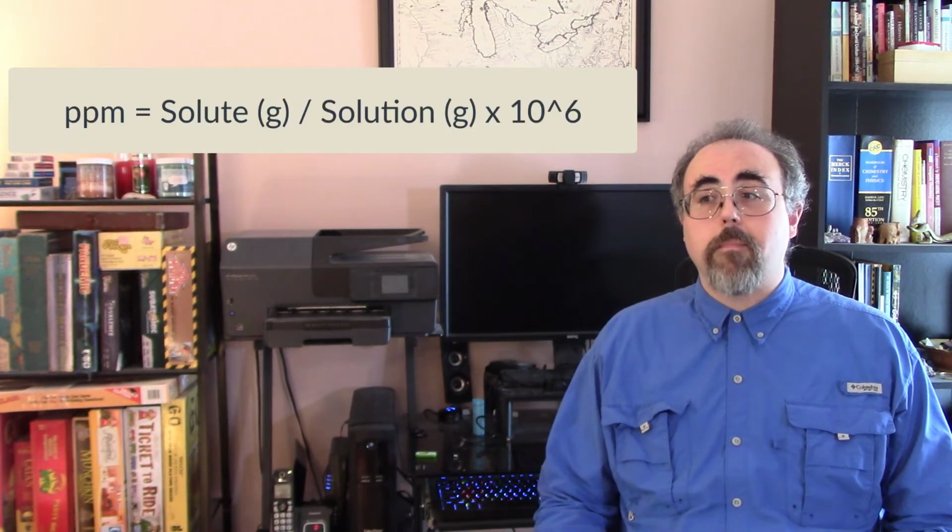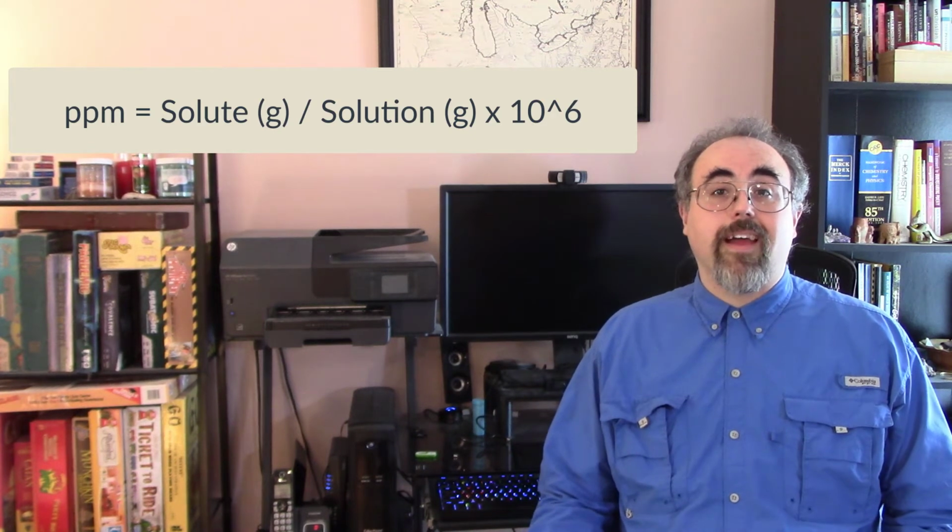So for a normal weight per weight, you'd have grams of solute divided by grams of solution times 100% equals percent weight per weight, or mass per mass, whichever you prefer to call it. However, if the grams of solute's a really small number, instead of timesing it by 100%, we'll times it by a larger number. That way we don't have to deal with any weird decimals.